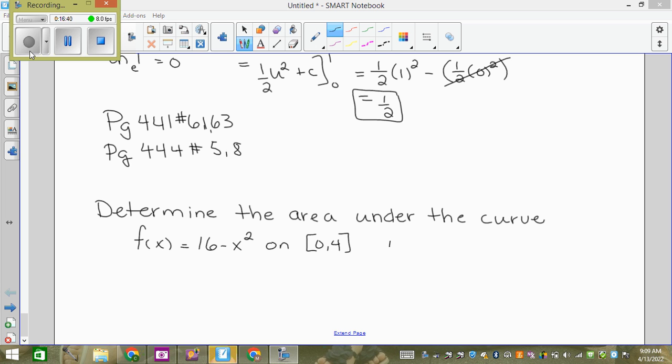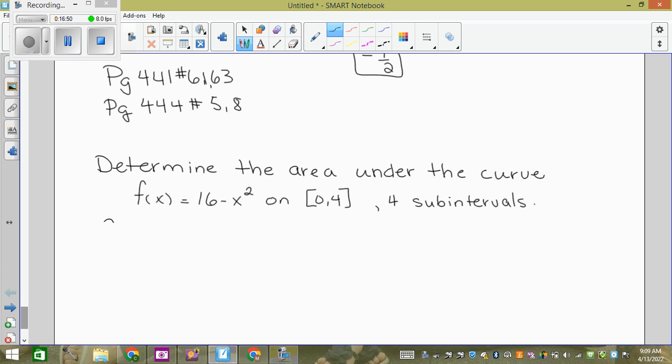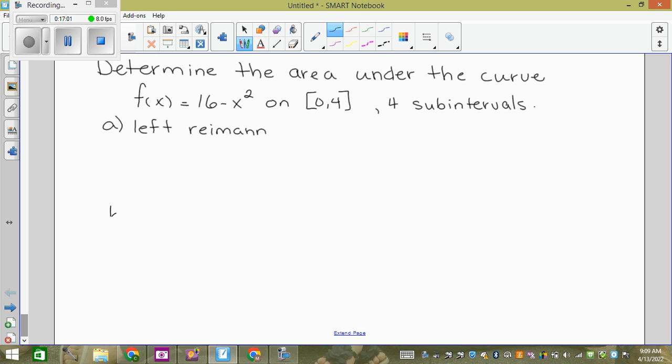And I'm going to do 4 subintervals. And what do you think I'm going to ask you to do? Left, right, middle, and trapezoid.